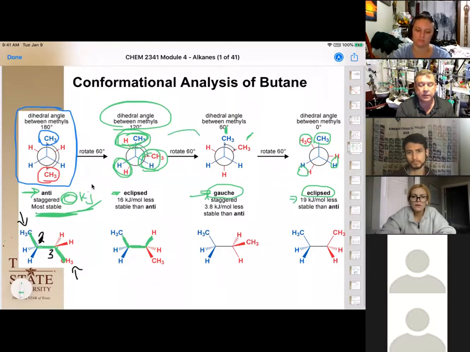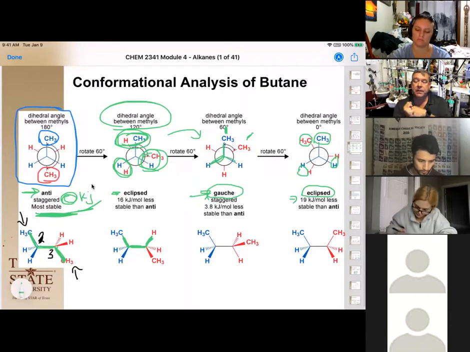By going that 120 degrees, we've obtained another staggered state, but it has two of the larger groups together. So we went from a staggered state to an eclipsed state to a staggered state with the two largest groups next to each other. And yes, the increase in potential energy is due to electron repulsion by those two groups, the methyl groups themselves. And the smaller amount is from the hydrogens because they're smaller in size, but it's still electron-electron repulsion.